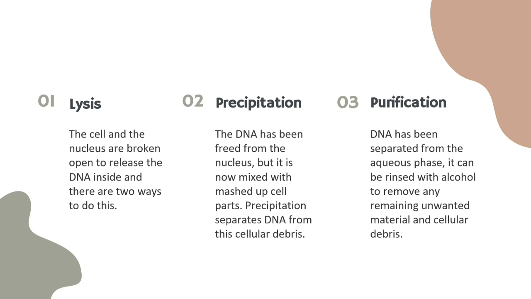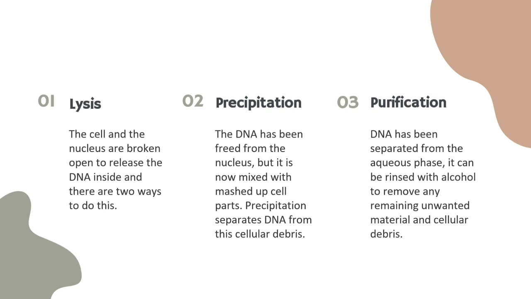Okay, in step 2, which is precipitation, when you complete the lysis step, the DNA has been freed from the nucleus, but it is now mixed with mashed up cell parts. Precipitation separates DNA from the cellular debris.